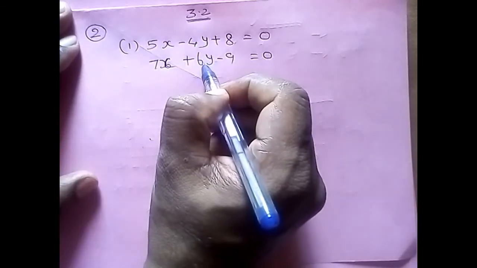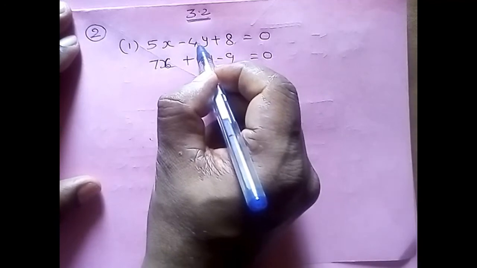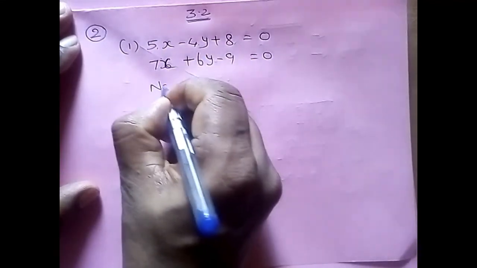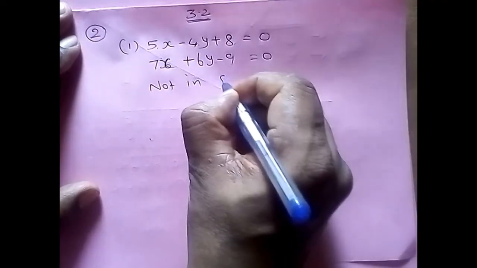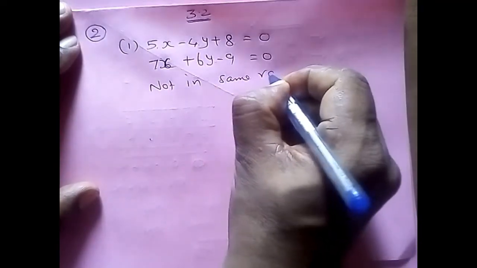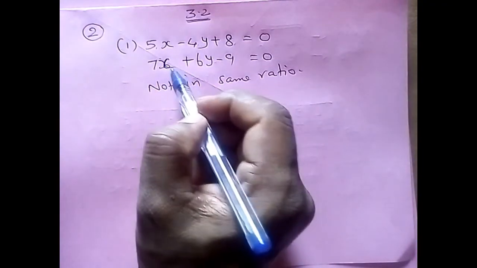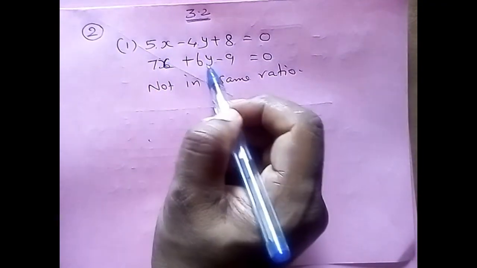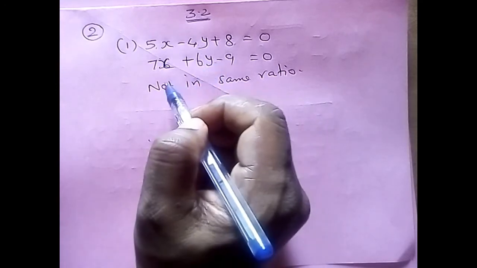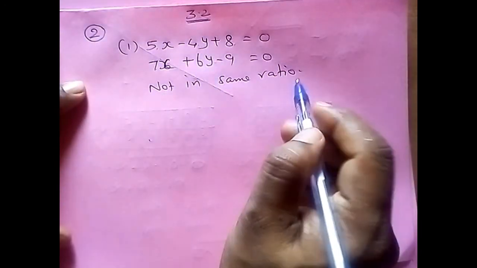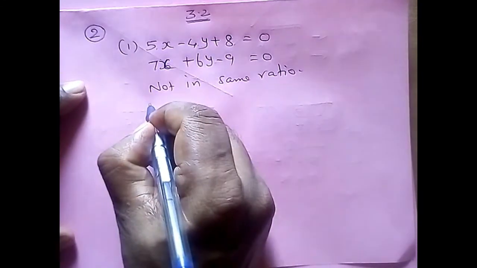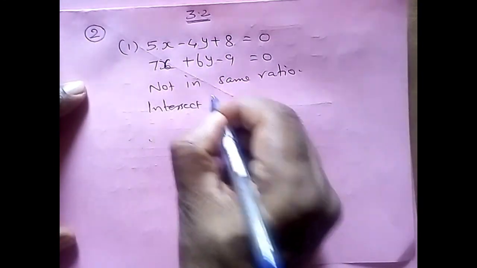But here we multiply 4 by 6 by 4, that is 3 by 2. So they are not in the same ratio. This is the first thing we have to check, the ratio of the x coefficients and y coefficients. They are not in the same ratio, which means they will intersect in one point.